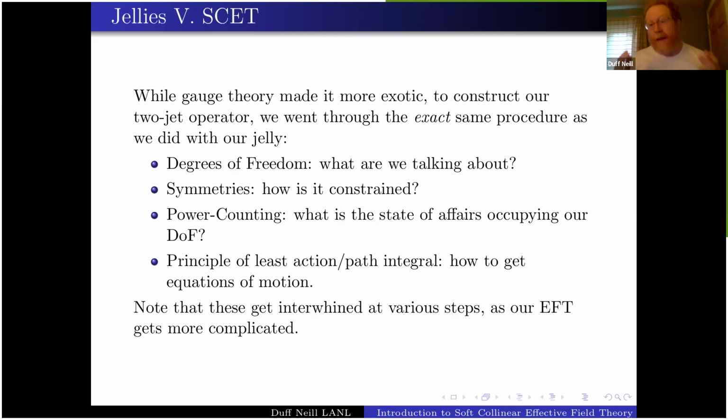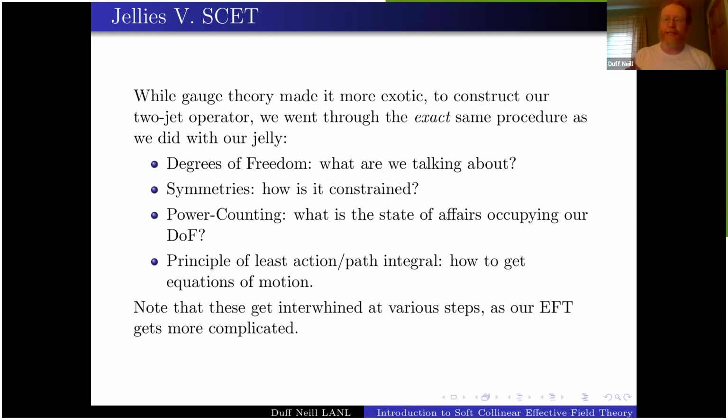The construction of my power counting is a bit more complicated because in my jelly, I could presume that everything was sort of isotropic. And so when I power counted my derivatives in my jelly, I just said my derivative acting on my field element is always suppressed. That doesn't quite work in SCET.